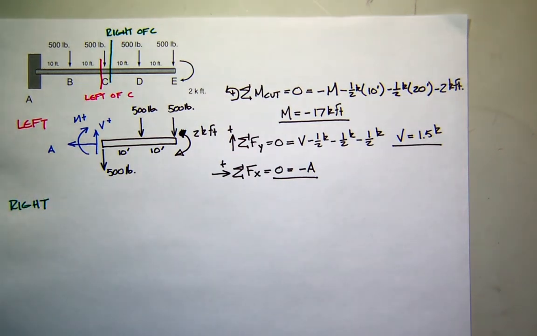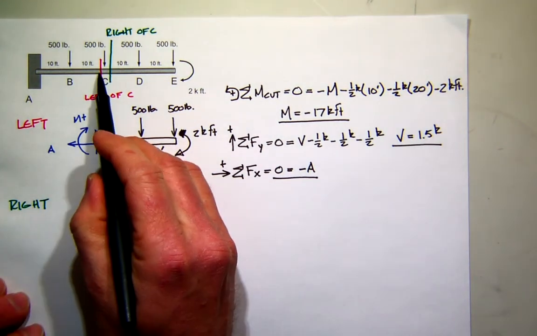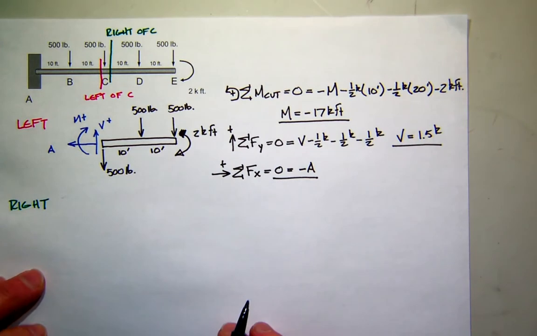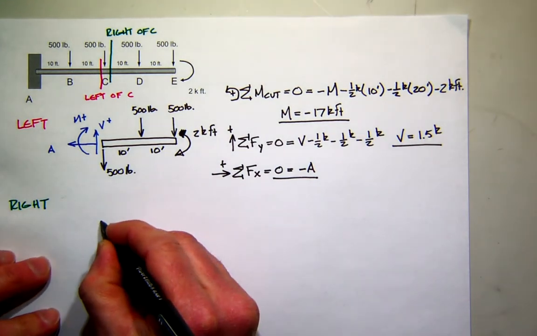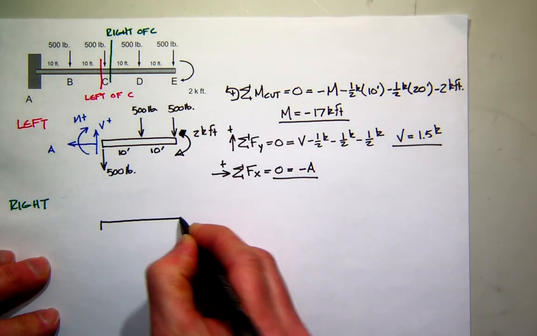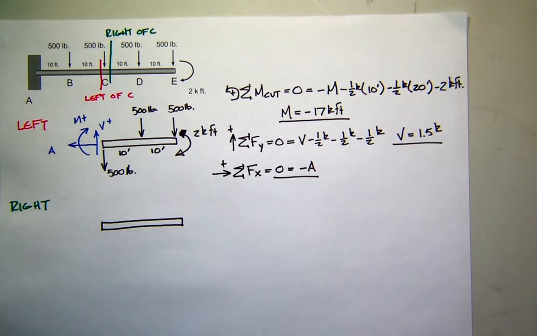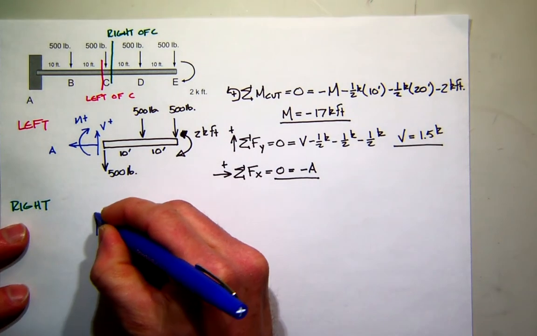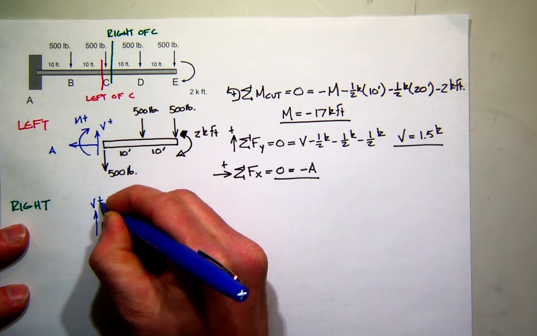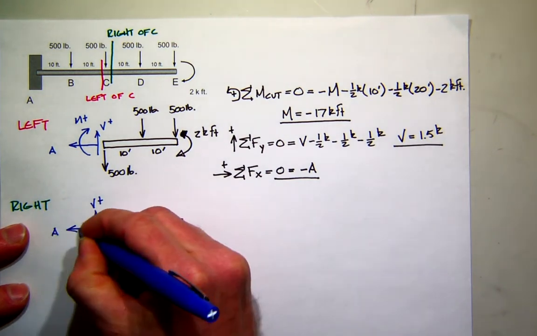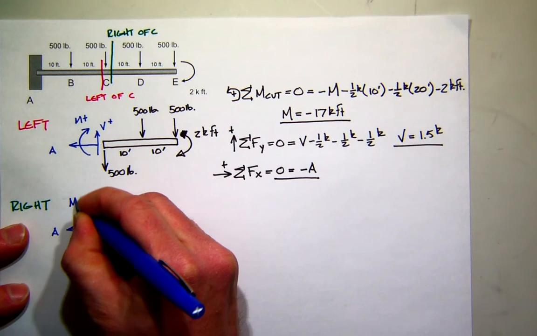So not only will we get some practice, but we'll also investigate what it means to pass under an applied force. So now my free body diagram is going to look almost the same. So I'm still going to have my positive shear force, my positive axial force, and my positive bending moment.